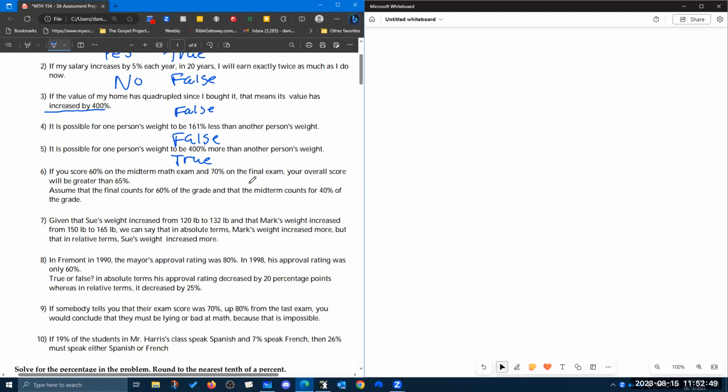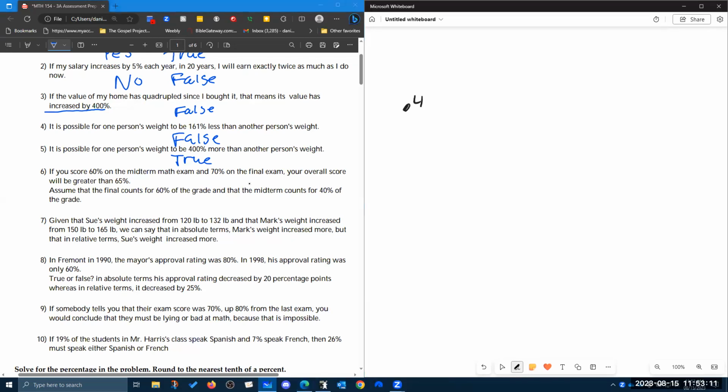If you score 60% on the midterm math exam and 70% on the final exam, your overall score will be greater than 65%. Assume that the final counts for 60% of the grade and the midterm counts for 40% of the grade.